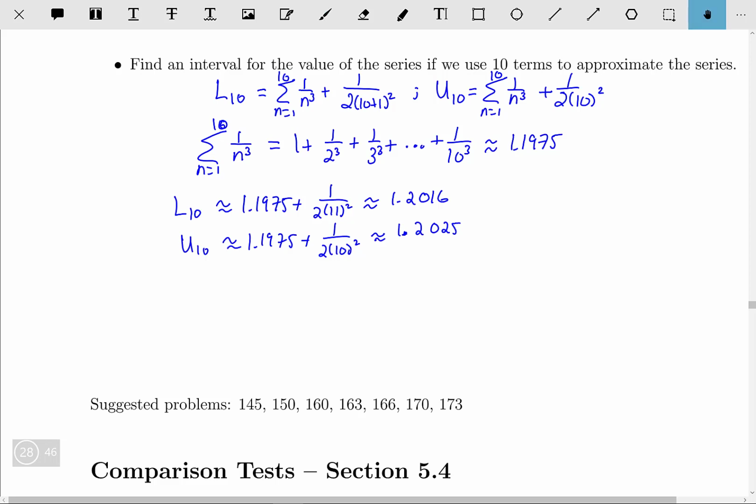Therefore, this tells us that our series, the whole shooting match, the sum from 1 to infinity of 1 over n cubed, is greater than or equal to 1.2016 and less than or equal to 1.2025.